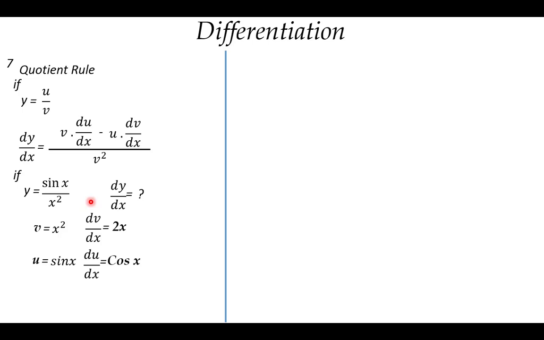We have that dy/dx is going to be equal to v du/dx, and what is v in this case? x squared times cos x, that is du/dx, minus u is equal to sine x, and then dv/dx is equal to 2x. So that's going to give us sine x times 2x.